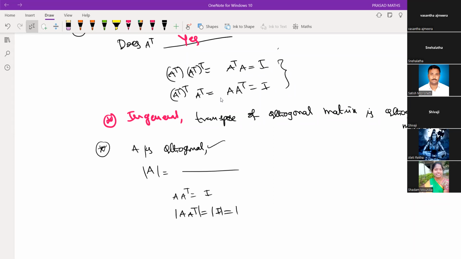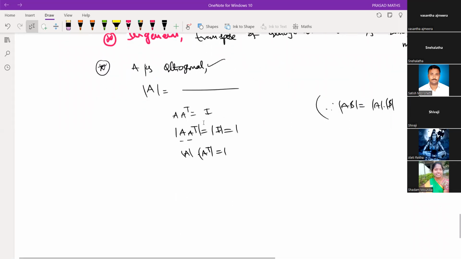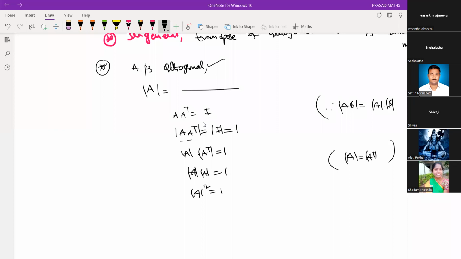Det of AB equals det A into det B, a property we'll see later. So det A into det A transpose equals 1. Later we'll see that det A equals det A transpose, both are the same. Therefore, det A into det A equals 1. That means det A square equals 1.